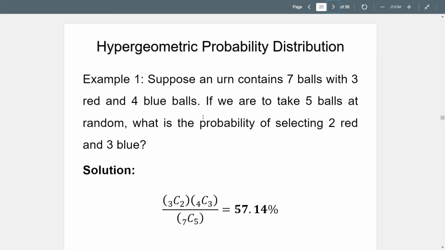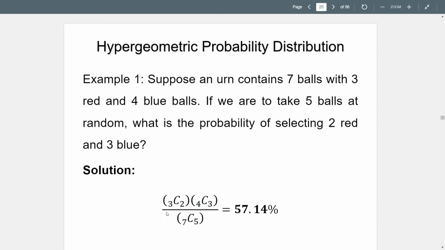Suppose an urn contains 7 balls with 3 red balls and 4 blue balls. If we are going to take 5 balls at random, what is the probability of selecting 2 red and 3 blue? There are a total of 7 balls. For the probability of getting 2 red balls, there are 3 red balls in the urn, so 3C2. And for the blue balls, you need to get 3 blue, so that will give us 4C3.